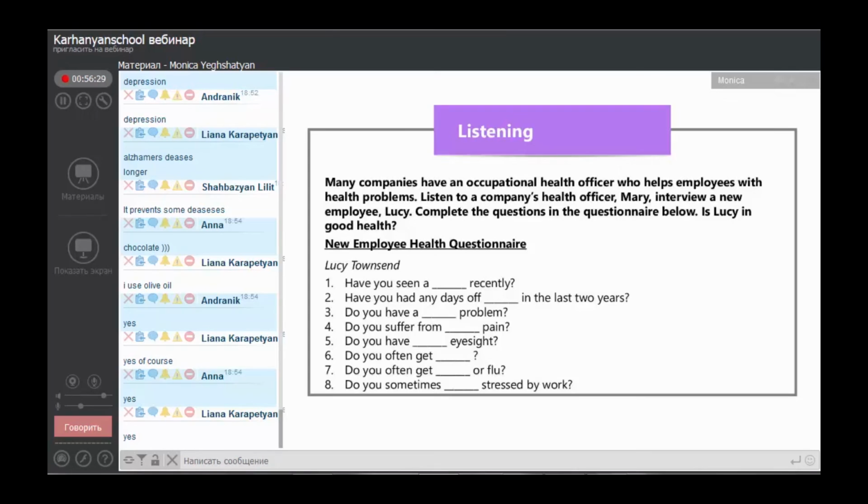I had a minor car accident, and since then, well, I've had this problem with my lower back. I see. Well, let me know if it gets worse at work here. Do you suffer from neck pain? No, I don't. The problem is just with my lower back. Right. Do you have good eyesight? No, I don't actually. But I wear contact lenses, so there aren't any problems. Fine. When did you last go to the opticians? Oh, 6 months ago, more or less. Okay, the last few questions now. Do you often get headaches?